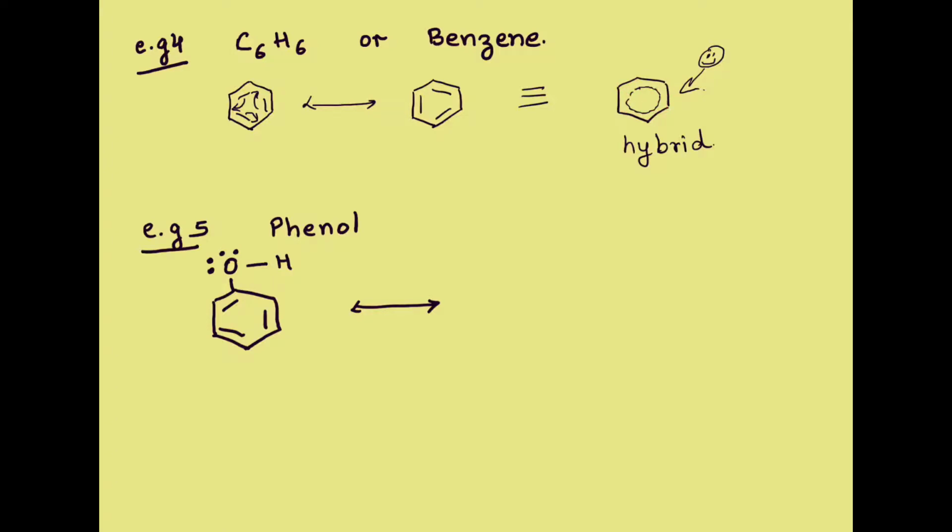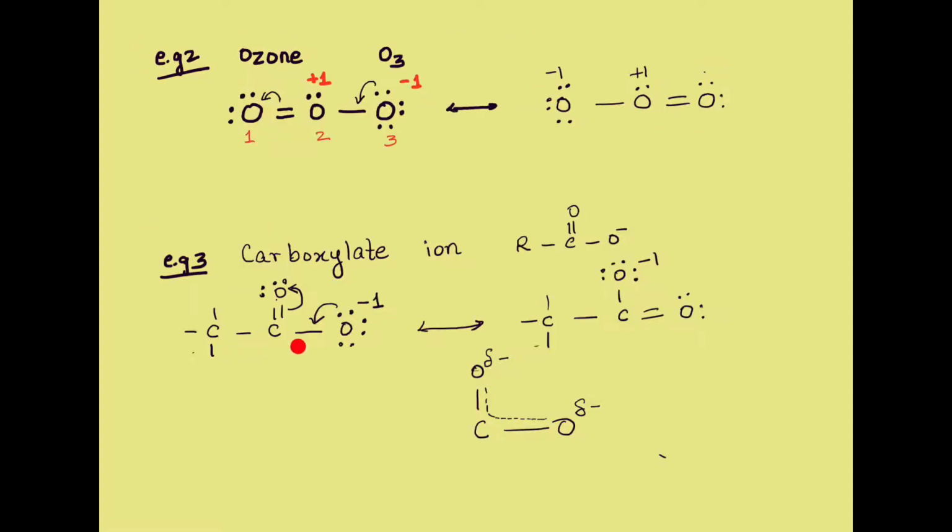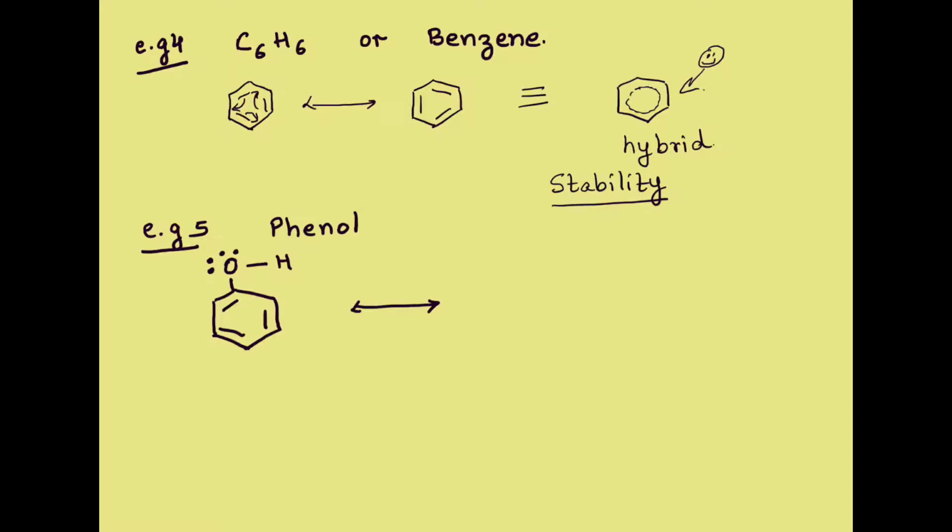And that is what makes resonance so important, because resonance means stability. They are not keeping the load of charge on any one atom. They are sharing that responsibility. They are sharing that load. So for example, in the case of carboxylate, in the case of ozone, they are all pitching in and saying, okay, don't worry, we are there for you, right?